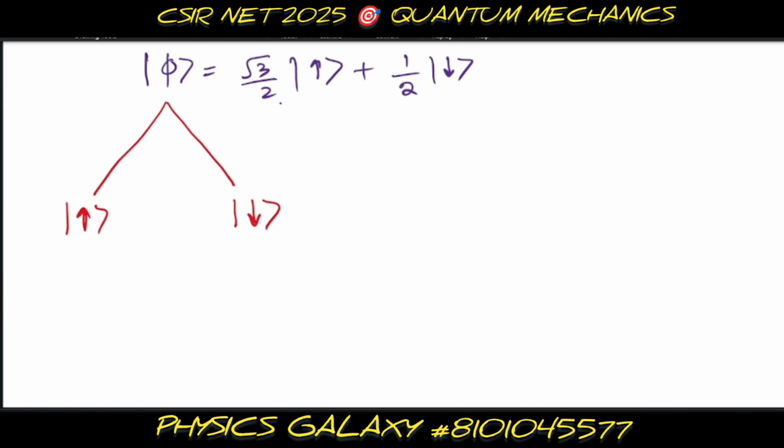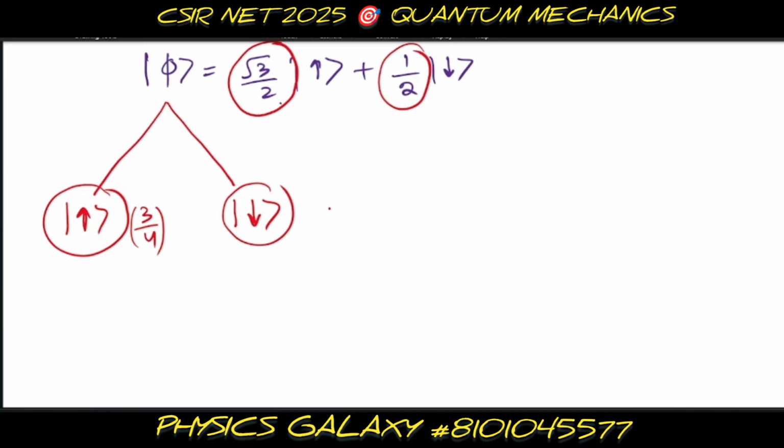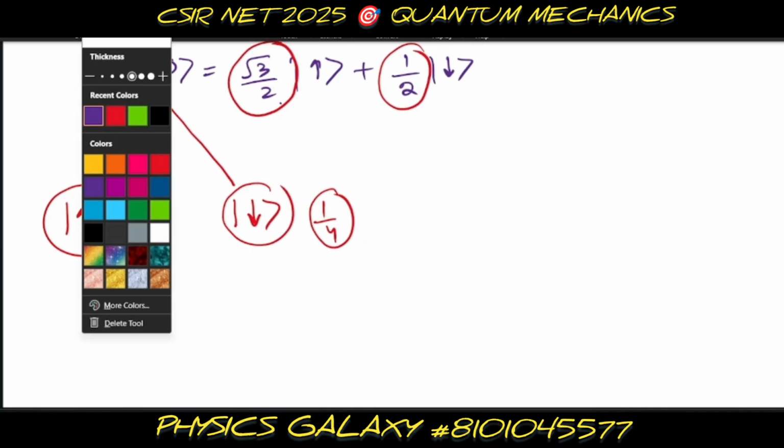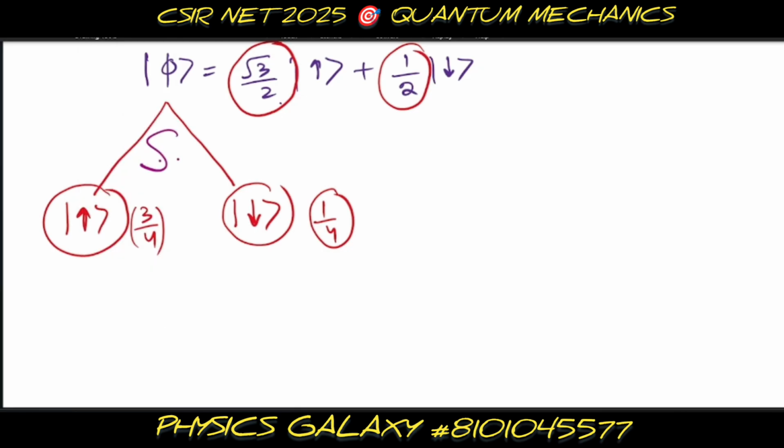Spin up will have a probability of the square of its coefficient, that is 3 by 4, and spin down will have a probability of 1 by 4. So this was the Sz measurement.